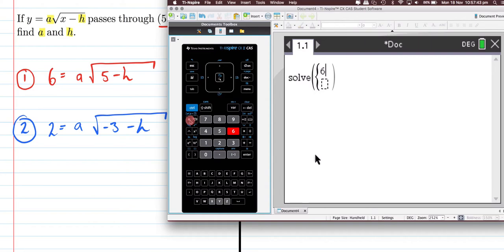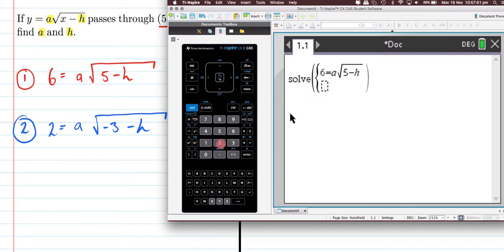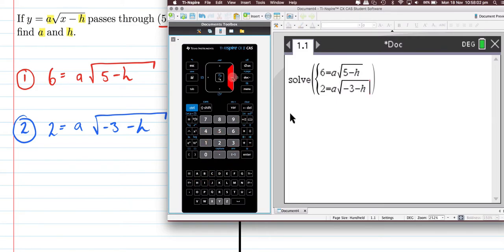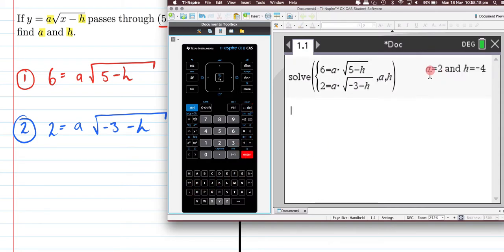It's going to be 6 equals A square root of 5 minus H. Come down here, this will be 2 equals A the square root of minus 3 minus H, comma, my unknowns are A and H. Whoops, I need to put a comma between them. And I hit solve. I get A equals 2 and H equals negative 4.